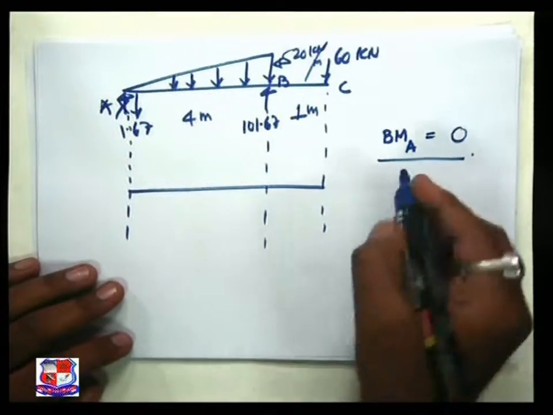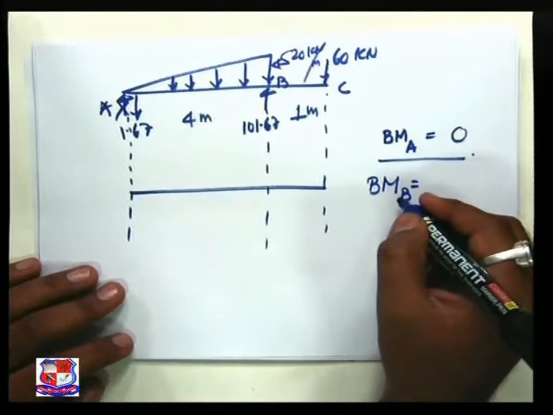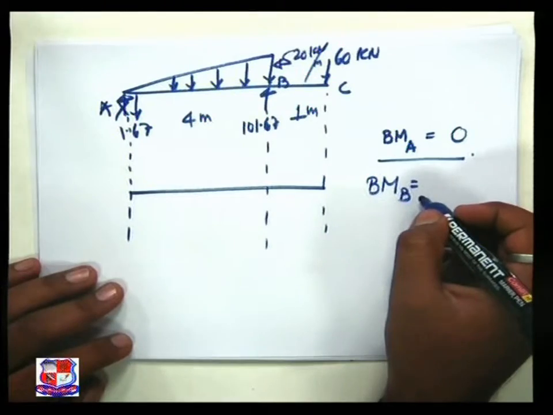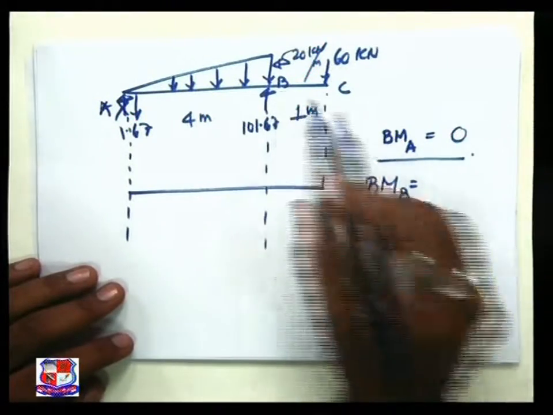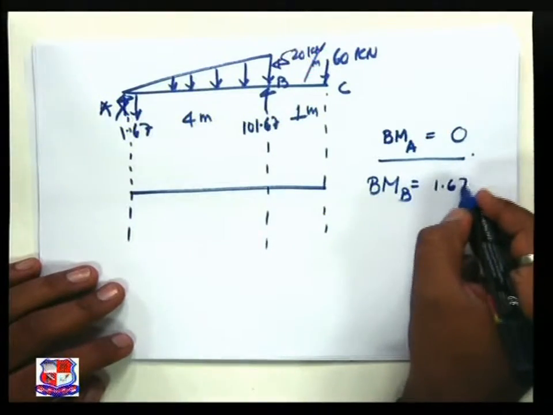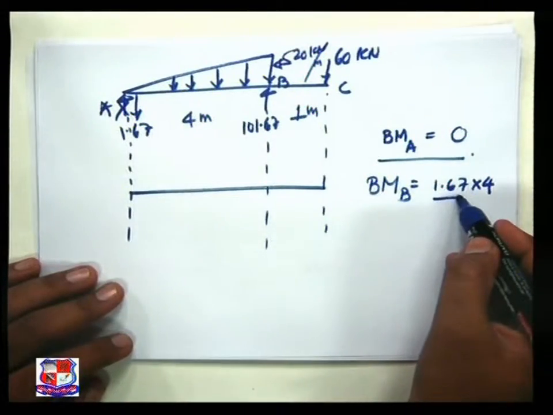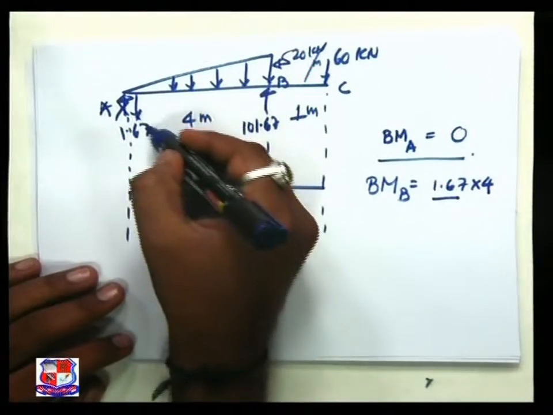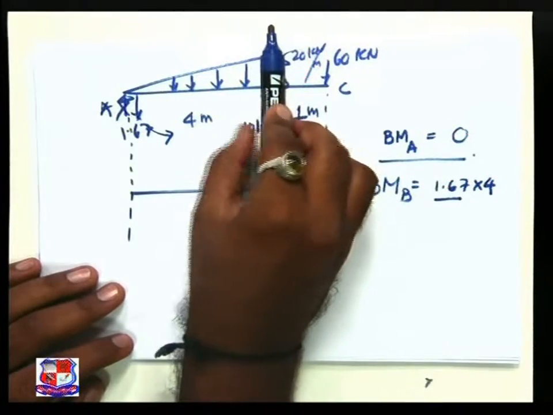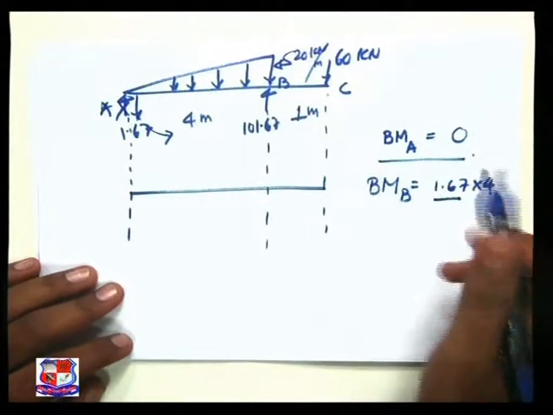Now the intention is to find out the bending moment at B. First one, 1.67 into 4. This creates a moment by the force of 1.67; taking a section over here, section left, anti-clockwise, hogging nature, negative sign.